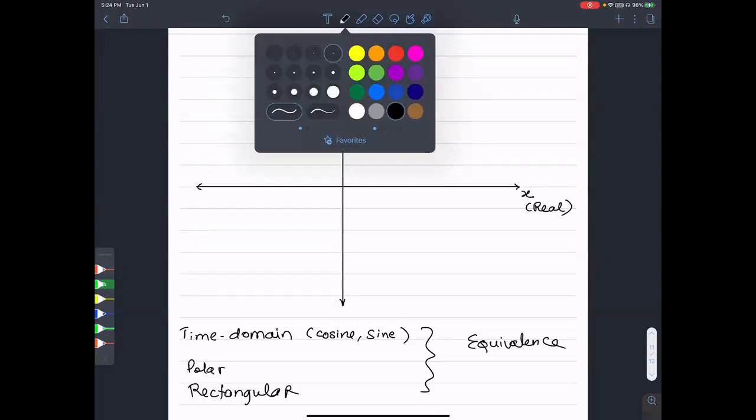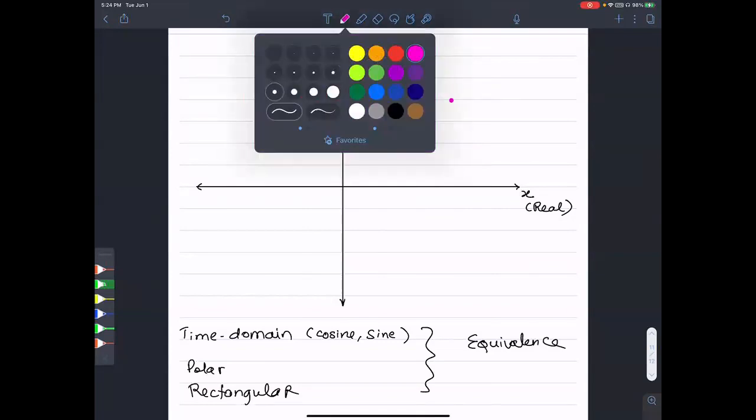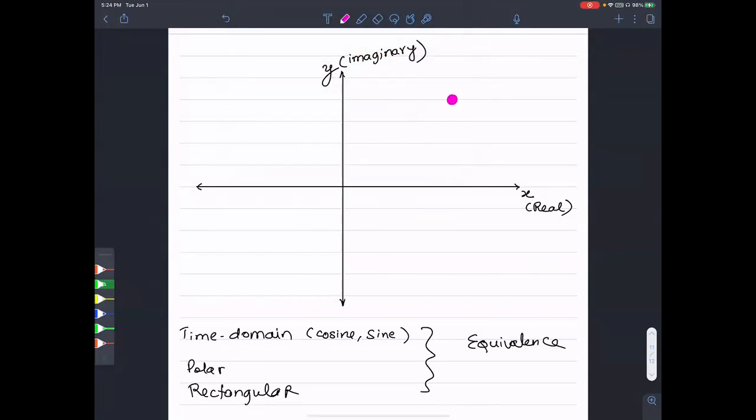Okay, now let's say I want to denote a point. Let me make a bigger point here. Okay. Let's say I want to represent that point in the Cartesian plane. Okay, there are a bunch of ways I can do that, right? So the one way to represent that is using its x and y coordinates. Okay, the distance from the x-axis and the distance from the y-axis.